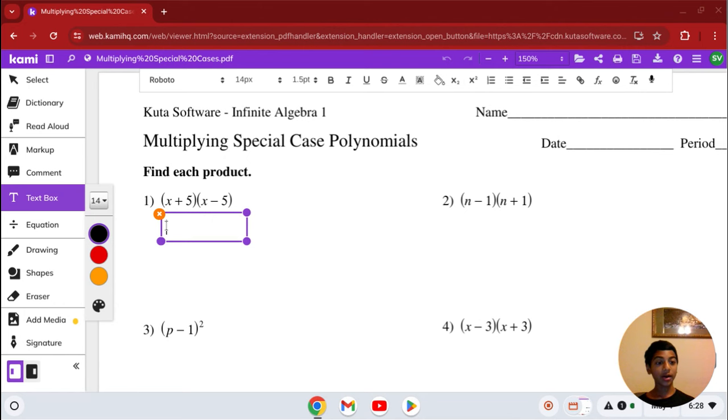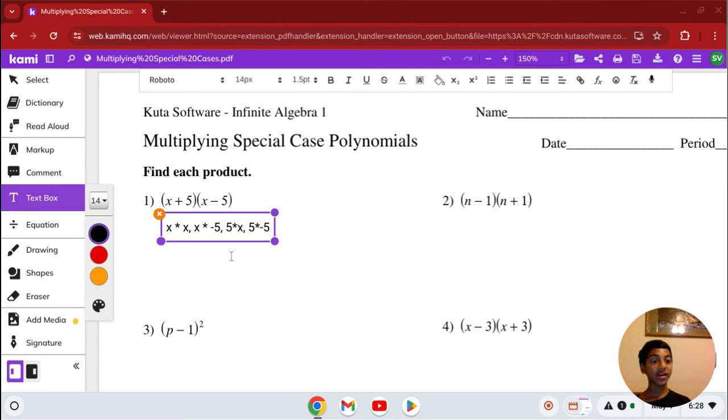When we multiply polynomials, we multiply each term with each term. So that means we multiply the x with the x, the x with the negative 5, the 5 with the x, and the 5 with the negative 5.